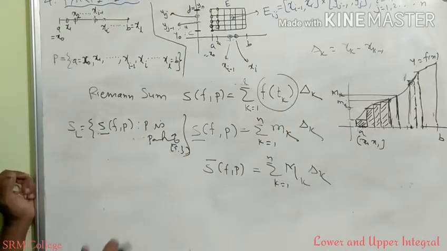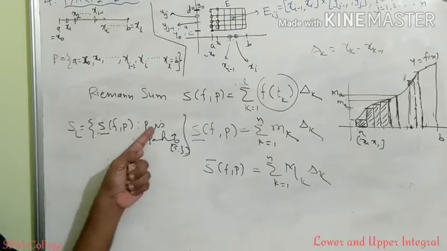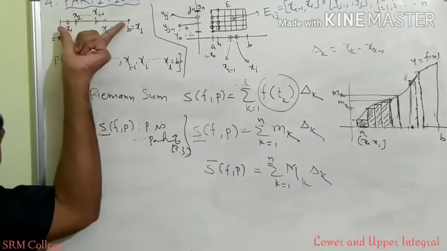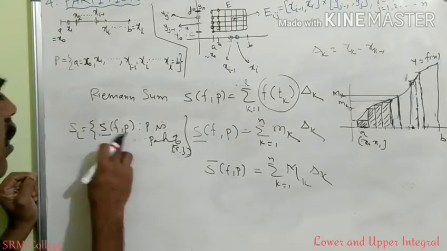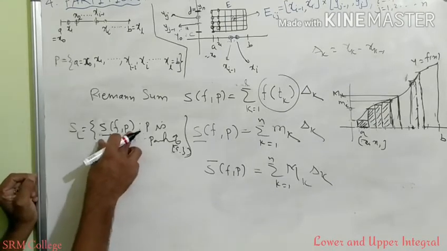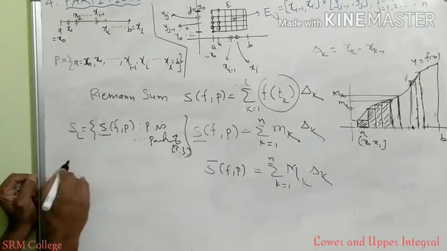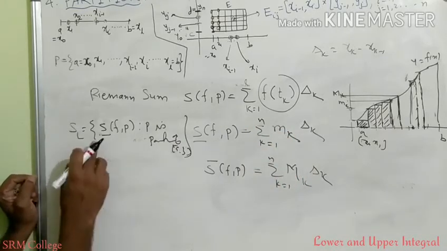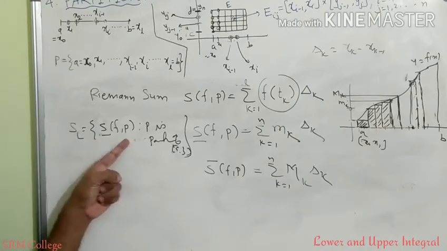The procedure is the same. So this is a set of how many lower sums? Infinitely many, because any interval AB can have infinitely many partitions. A lower sum is after all a finite number. So infinitely many, and you choose the largest one. The largest member of this set means the supremum of this set, the largest lower sum.